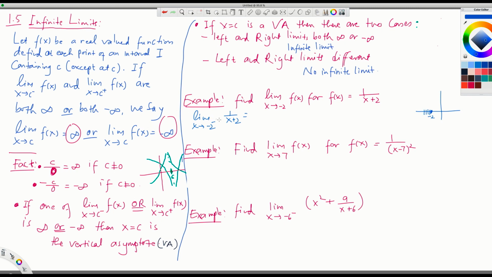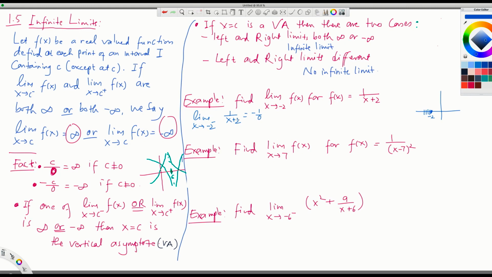In that case, the x value will be less than negative 2, so x plus 2 gives you a negative number in the denominator. Whenever you take these values close to negative 2 from the left, you will get a negative number, so it will be like negative 1 over 0 format. You see that?